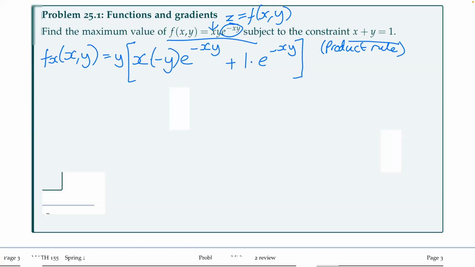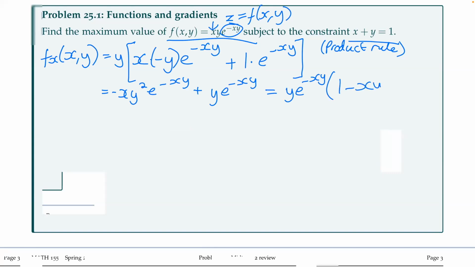Okay, so that simplifies down to minus x y squared e to the minus xy plus y e to the minus xy. We can factor out a y and an e to the minus xy. So we end up with y e to the minus xy times 1 minus xy.